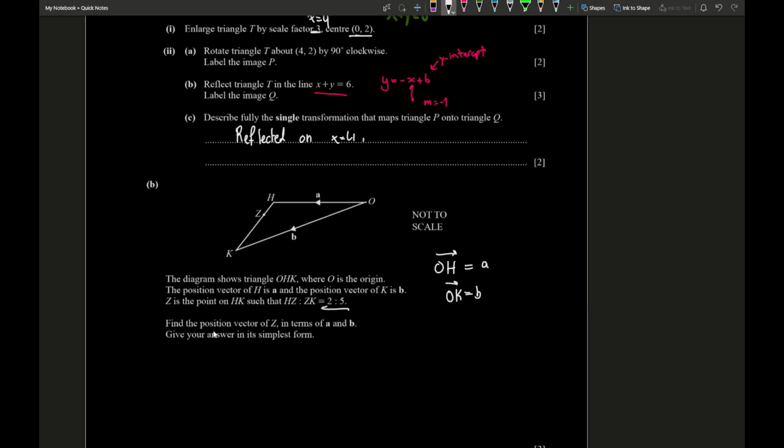Find the position vector of Z in terms of A and B. So we want to find the position vector of this point, OZ. What is it equal to?